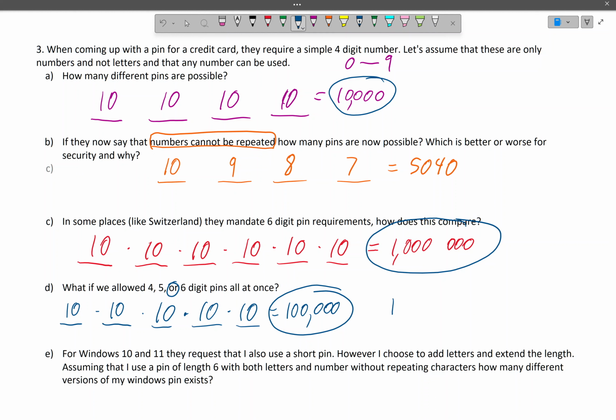And so when we add those together, we get this result. Even better than Switzerland. But is it better enough? Maybe not. I don't know. Maybe Switzerland's onto something. Just adding another digit is maybe just the better idea. Otherwise, some people will choose 4-digit numbers.